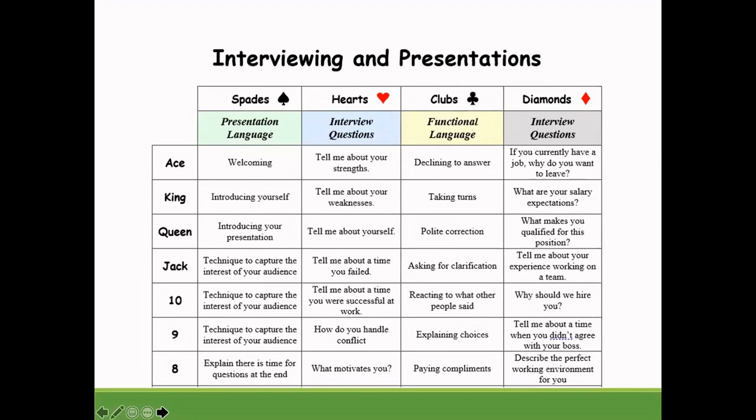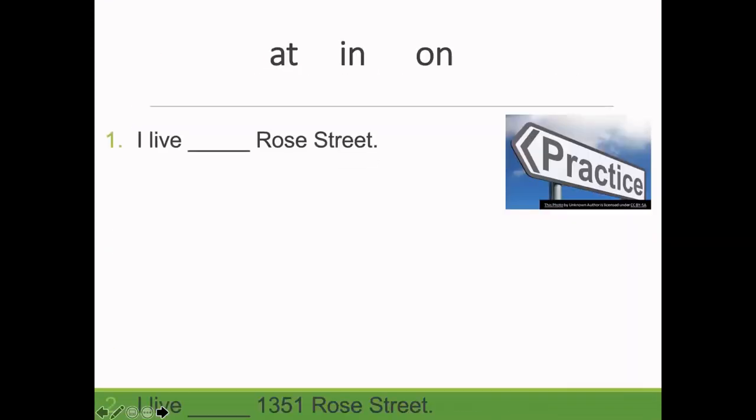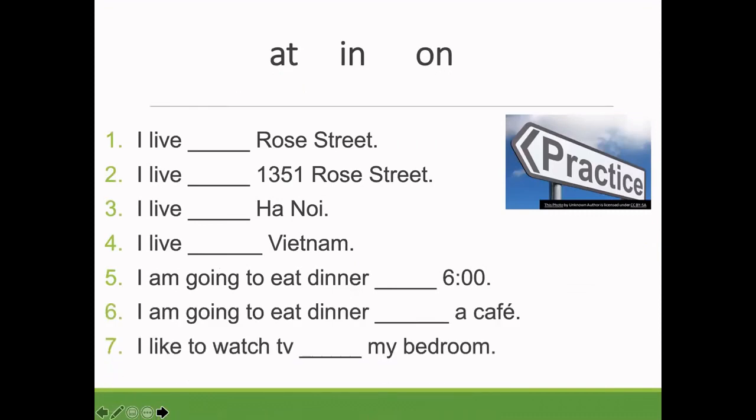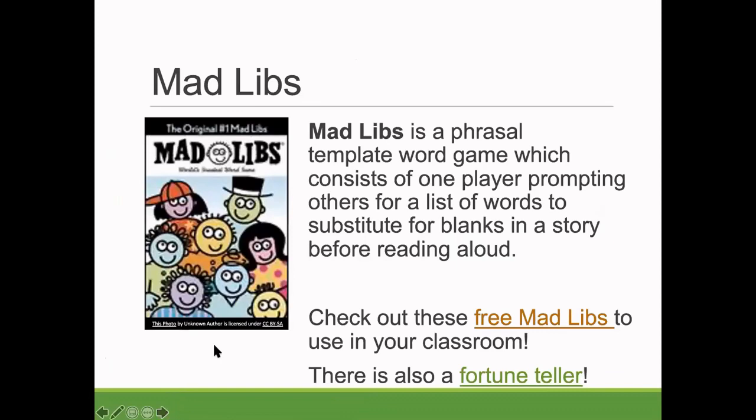Okay, let's go ahead and move on, because we still have 3 more games to try. The next thing I wanted to show you is something called Mad Libs. Mad Libs is a game that was invented, I think, back in the 1950s here in the United States.